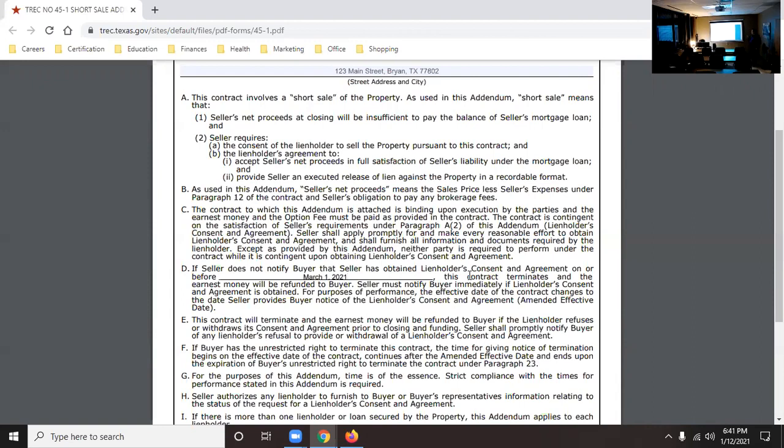So while it says that the seller must obtain the information, who do you think most likely is going to have to obtain it? Most of the time, it's going to have to be the buyer's agent. And so what happens is if that seller is not represented by an agent, the buyer's agent needs to have the seller complete a release of mortgage information to the buyer's agent, and also a form to release and discuss information with the mortgage company.